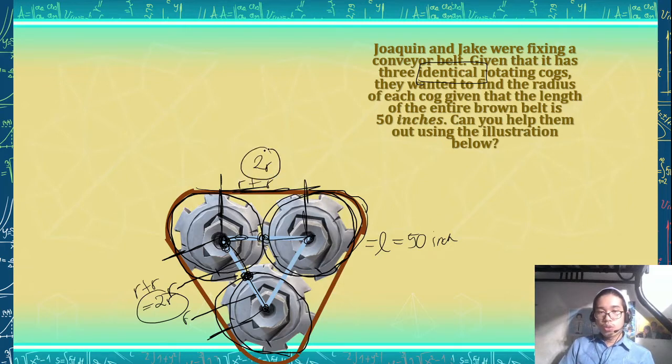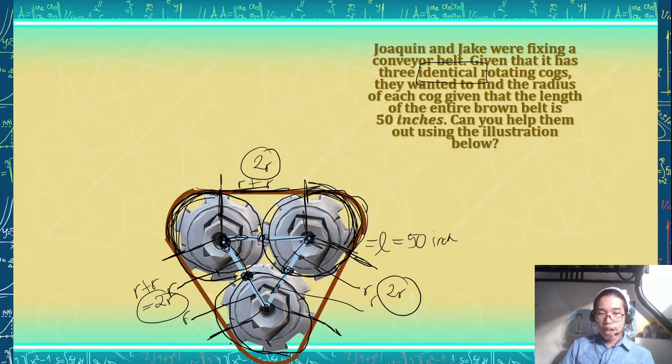This is also equal to 2r, or 2 radius, and also at this part and at this part. So now we have these parts. We're just missing these arc lengths. We have three arc lengths here that are identical to each other as well.